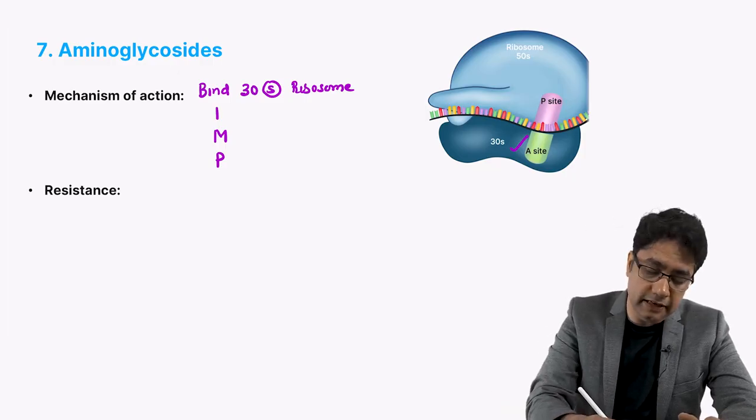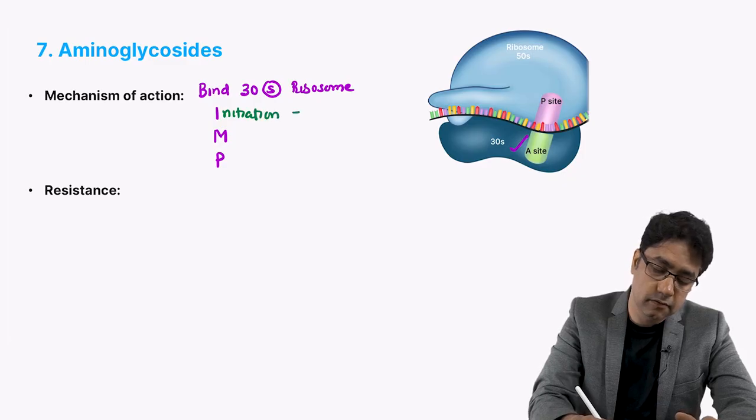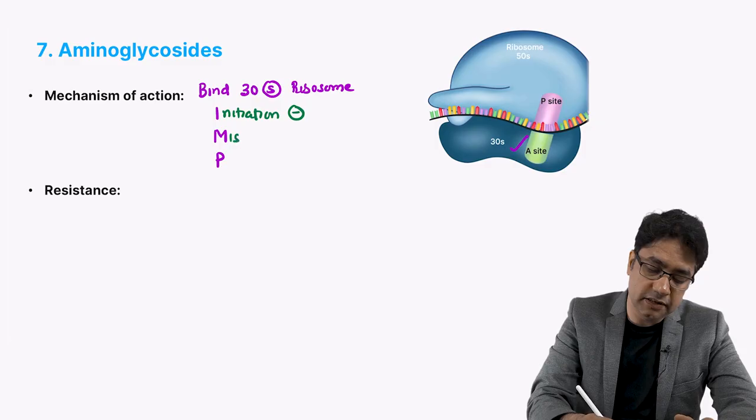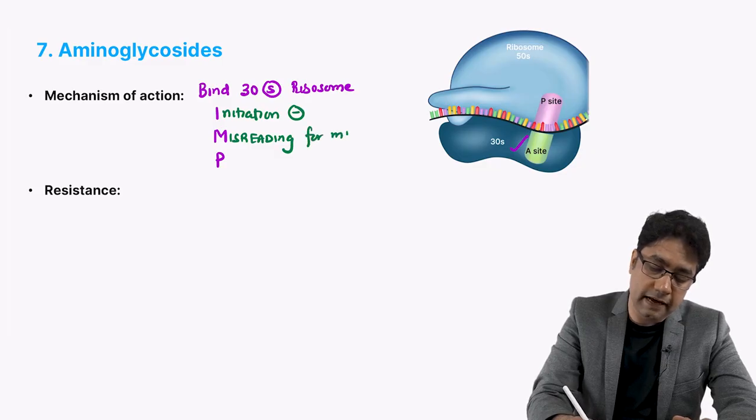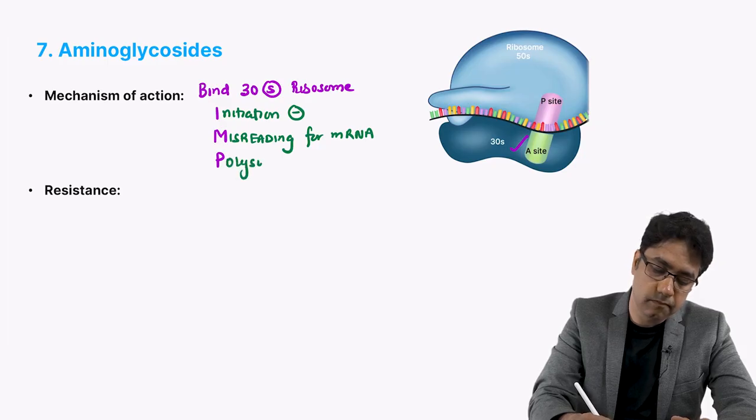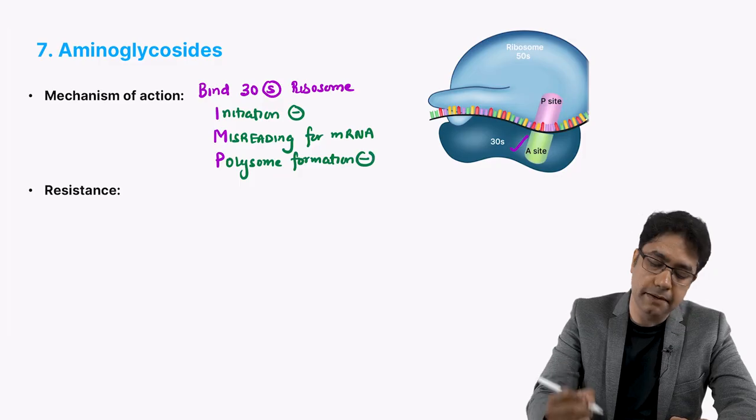They inhibit initiation of protein synthesis. They produce misreading of mRNA. And they inhibit polysome formation. Polysome was the assembly of ribosome with mRNA.